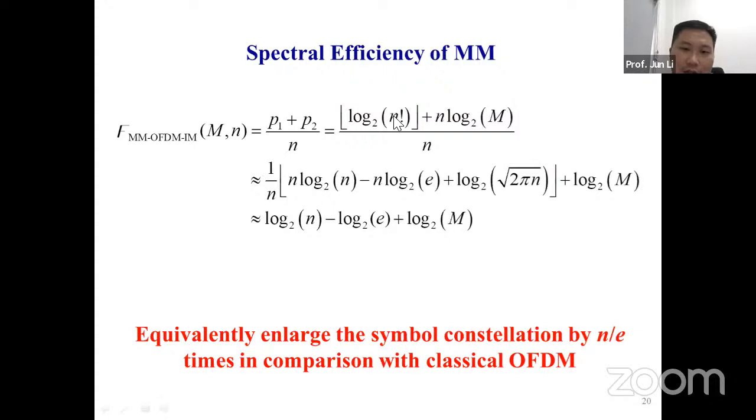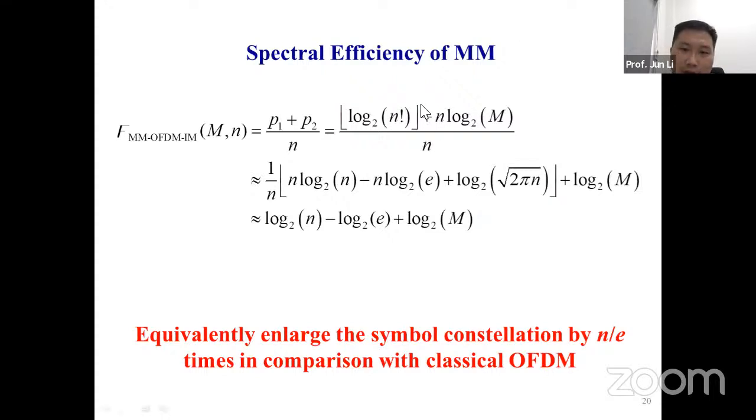If n is 3, then we have 6 kinds of constellation permutations. It's like 1, 2, 3; 1, 3, 2; 2, 1, 3; 2, 3, 1, and so on. It has 6 permutations.